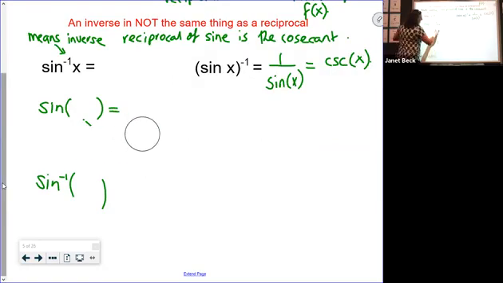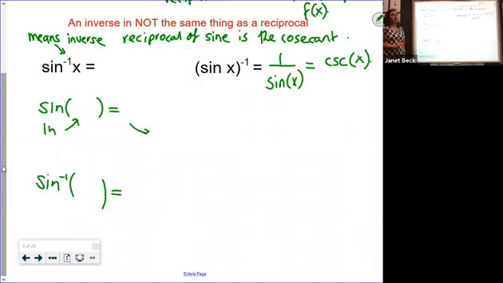I don't want to say switch x and y, because that becomes very confusing when we're talking about sines and cosines, because we use x's and y's to mean something different. We're going to switch the domain and the range. The domain is your inputs. Think about what goes into a regular sine function and what comes out.